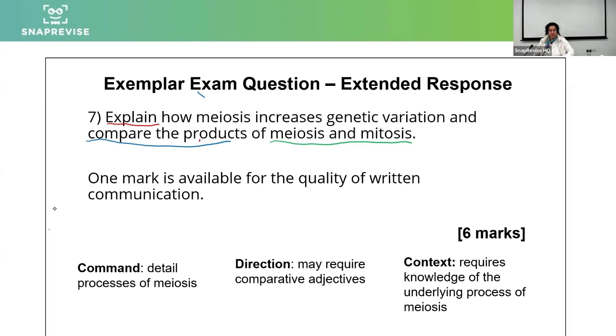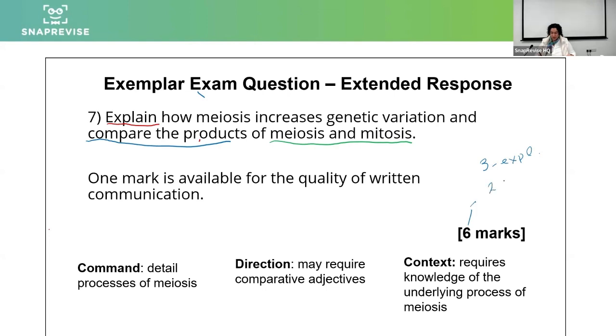Okay, let's have a look at the breakdown. Out of those marks, 3 will go towards explaining how meiosis contributes to genetic variation.